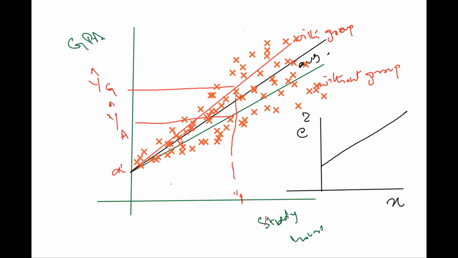It means the gap between the average line and the red line, and the average line and the green line is increasing. So data is spreading. The gap is this much here, but this much here. So the gap is increasing. So the error term is positively sloped.